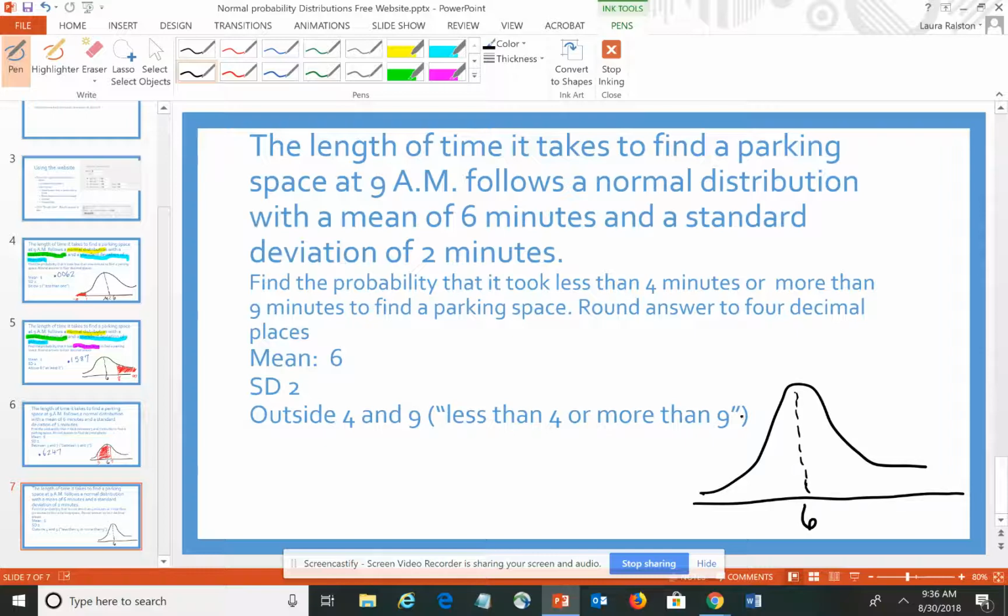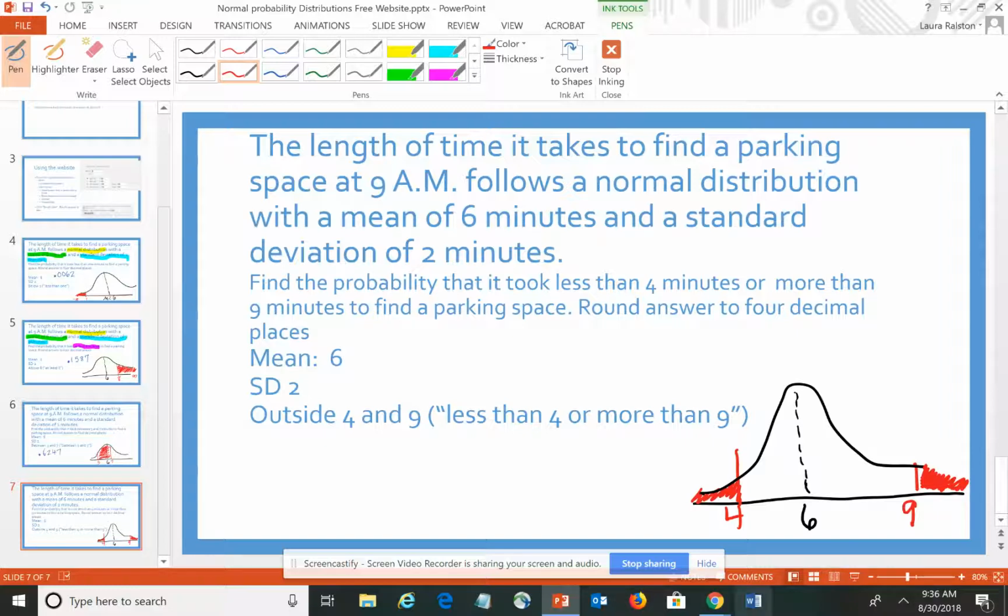We want to know what's the probability it took us less than 4 or more than 9. Okay, so again, notice how you're on the ends or in the tails.